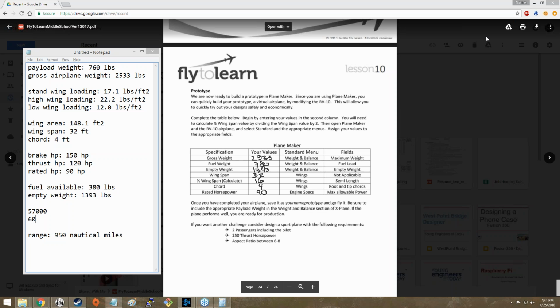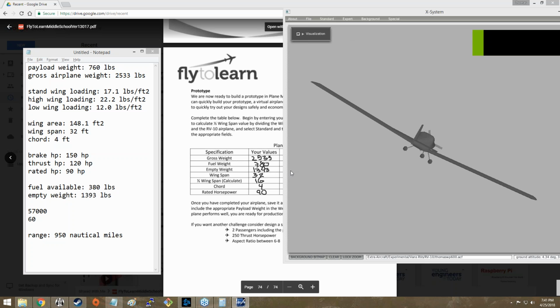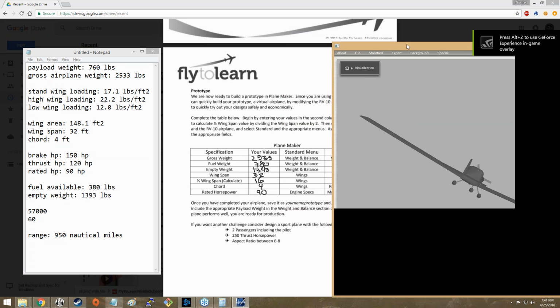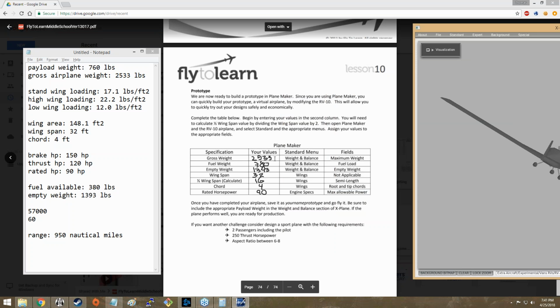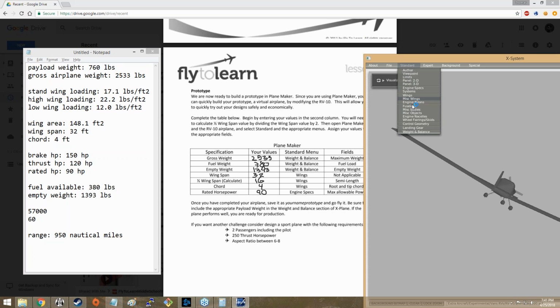Let me go ahead and get to PlaneMaker, get that opened. I'm trying not to overwrite this area. If we're going to set up the weight, we need to go into, as the table says here, the weight and balance menu and modify the fields that they provide.